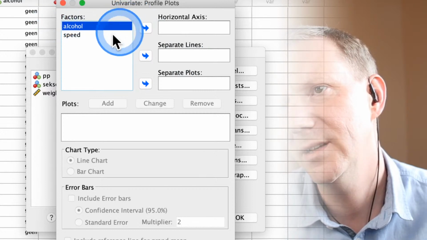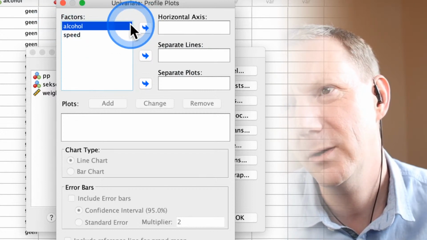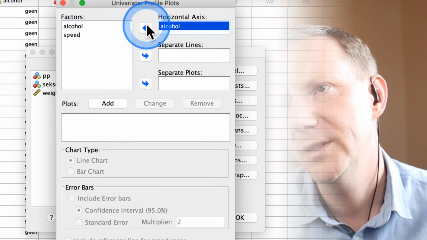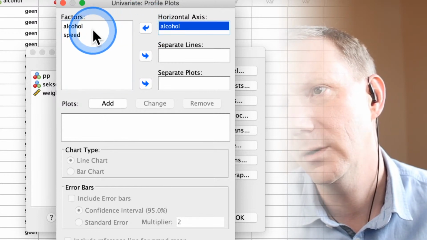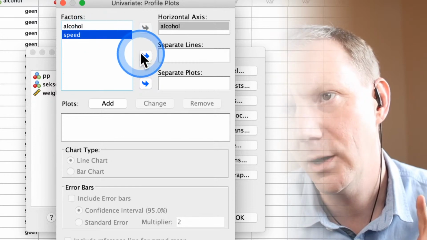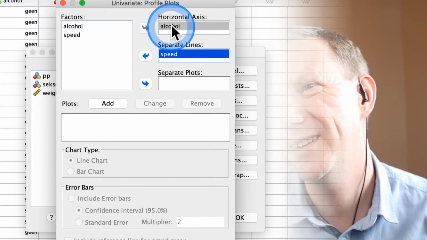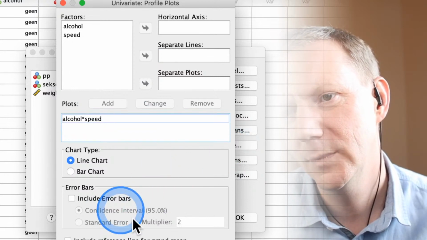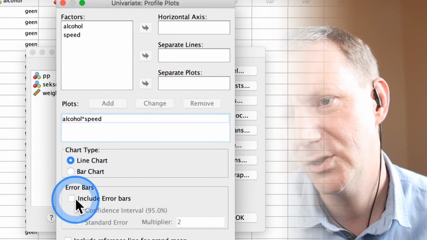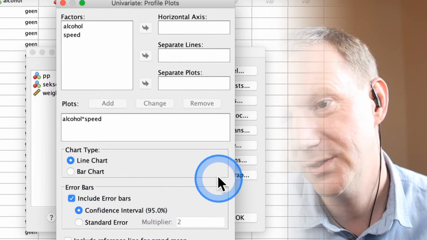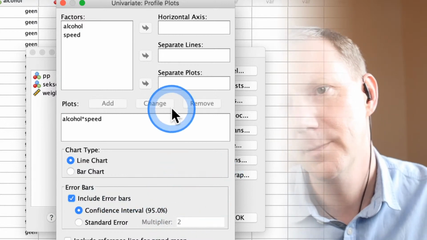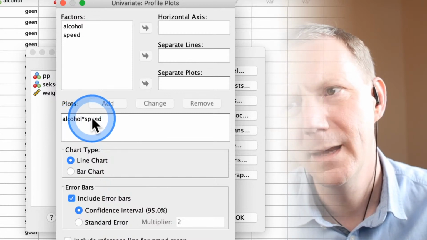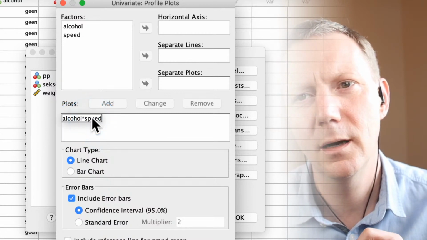And it actually doesn't really matter which you put where. So I can put the alcohol on the horizontal axis and the speed on separate lines, and I could add these. You could choose a line chart or a bar chart, and even include the error bars if you want to.